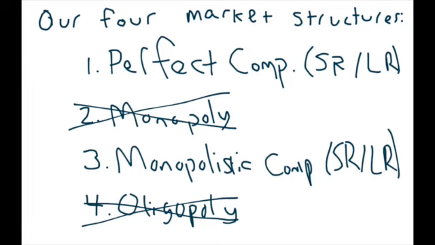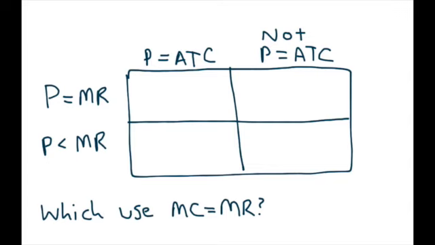These 4 market structures are given by a very simple table you can draw that gives you 4 possible combinations of conditions, and it defines the 4 types of firms. Specifically, all firms are either a price taker, so P equals MR, or a price maker, P is less than MR. So here is our first condition. And our second is that either P equals ATC or not.